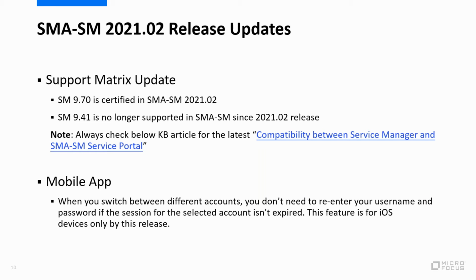Therefore, the compatibility between 9.70 and SMA-SM will start from version 2021 February release. So that's something I want to make very clear here. That's the first update on the support metrics.